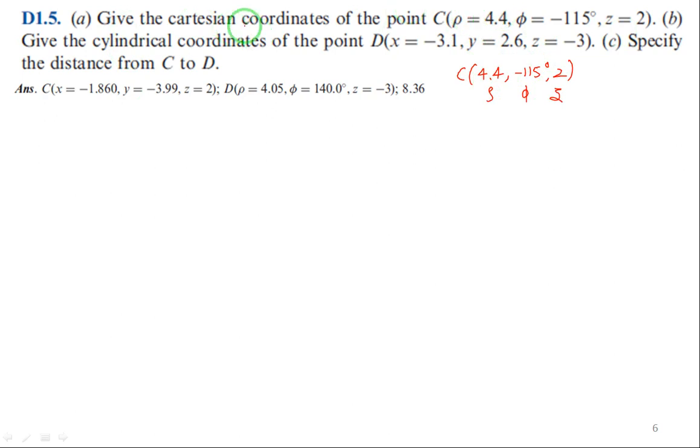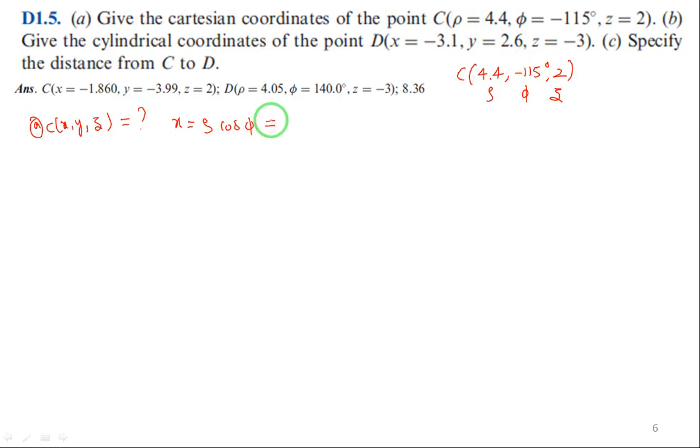First, part A, we will solve one by one. Give the Cartesian coordinates of point C, that is 4.4, minus 115, where rho, phi, z is given. They have asked to calculate the Cartesian coordinates. Cartesian coordinates means find out x, y, z, so C of x, y, z we want to find out. We know the formula: x is equal to rho cos phi.